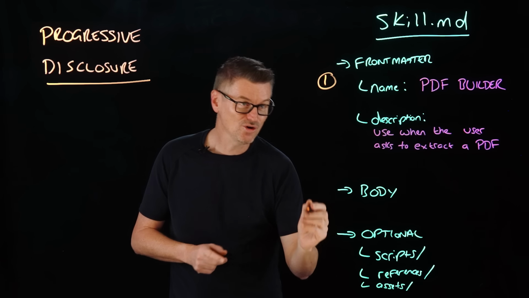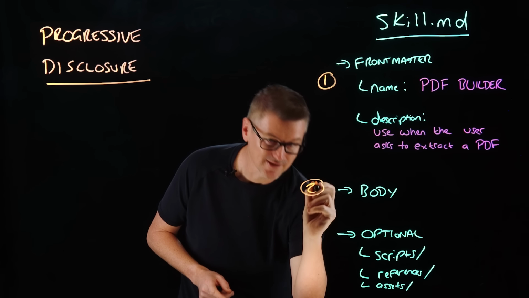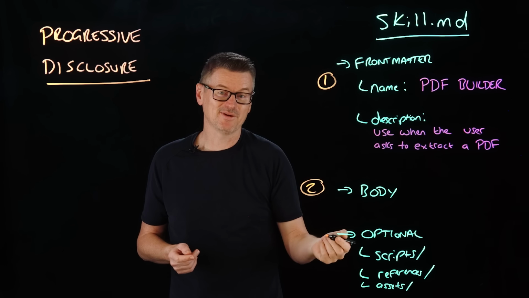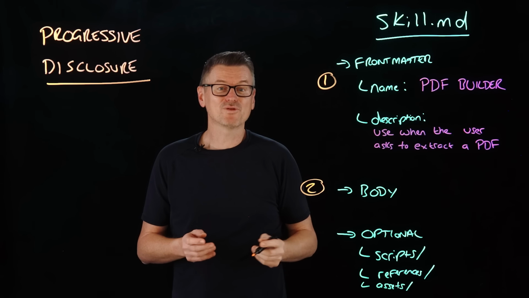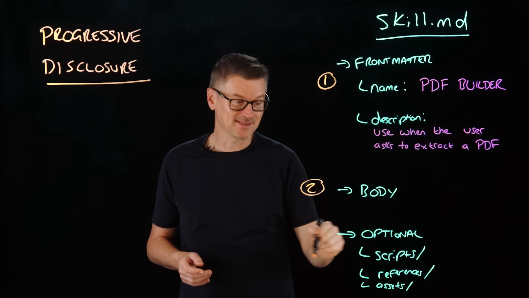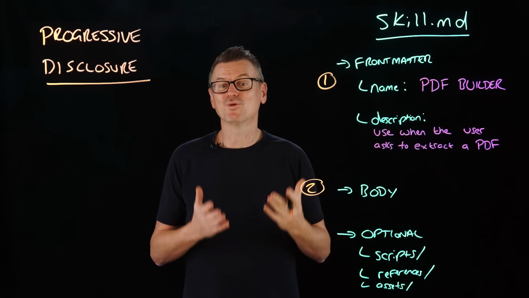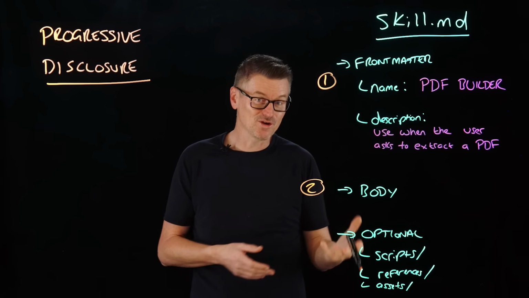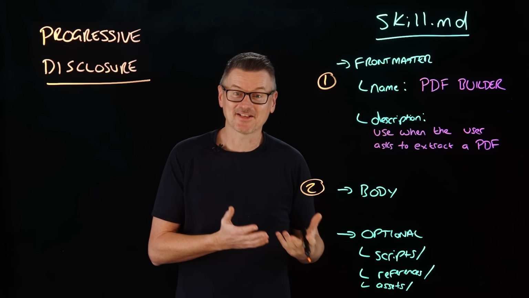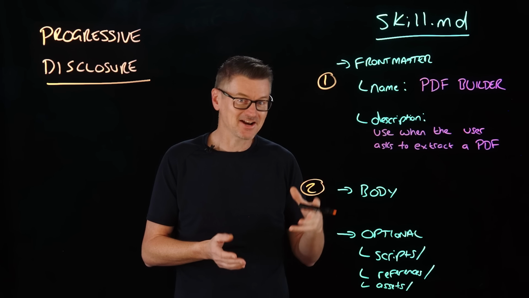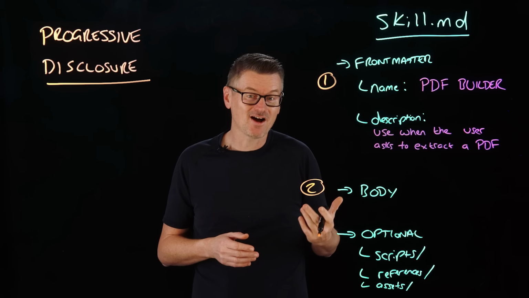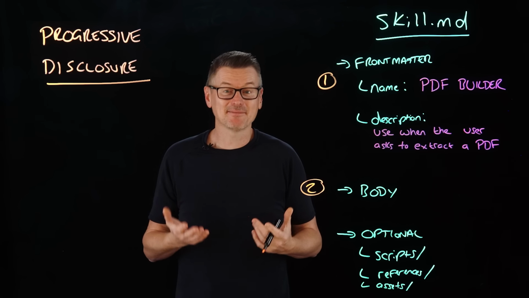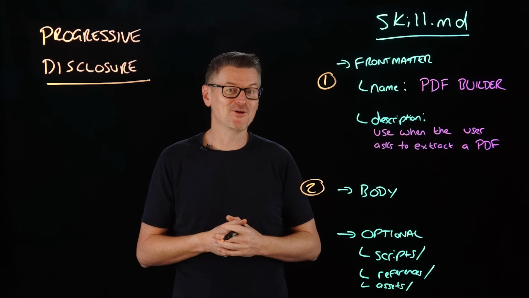Now, tier 2 relates to the full instructions. When the agent sees a request that matches a skill's description, it reads the complete skill.md body into context. So this tells the agent what to do, the skill we are teaching it. And that identification, the matching of a given task requirement to the skill available, happens through the LLM's own reasoning.